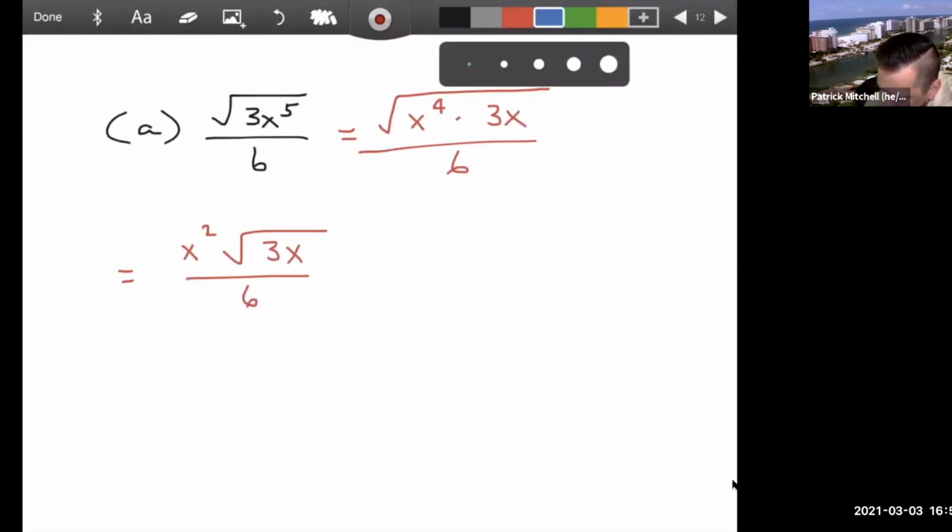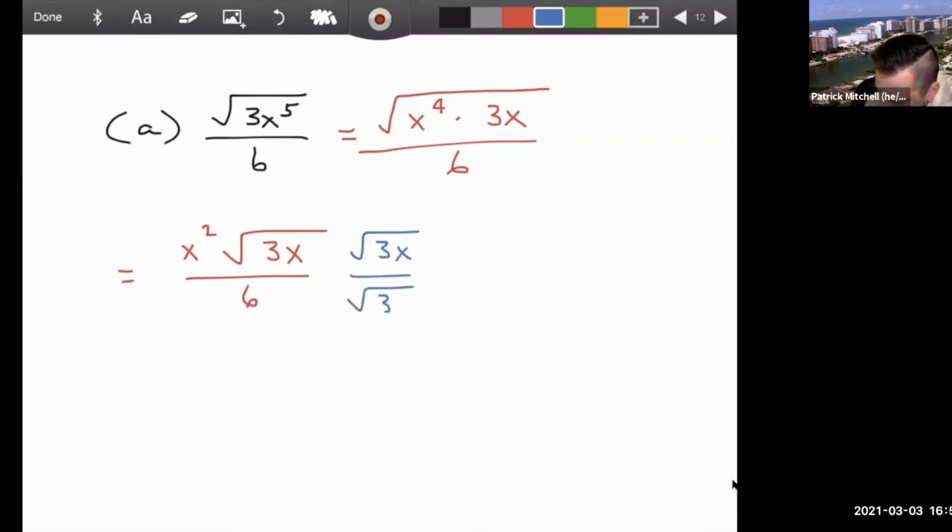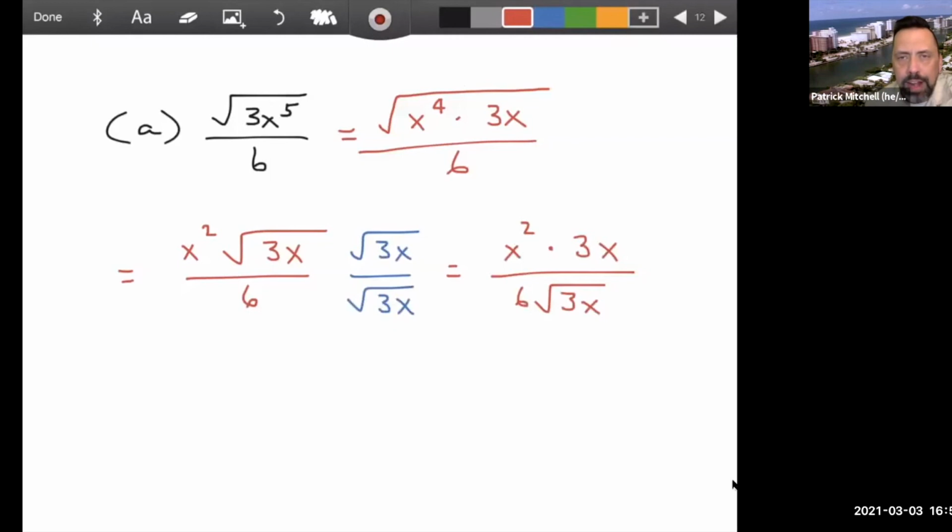So that means multiply the top and the bottom by the square root of 3x. And that would give me my original x squared times the square root of 3x times the square root of 3x, which is 3x. And when you're rationalizing numerators, you don't care what happens to the denominator. The denominator will almost always end up with a radical in it. Can't be helped. Okay, most of the time, you're going to have them one place or the other.